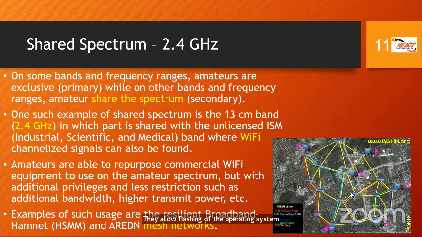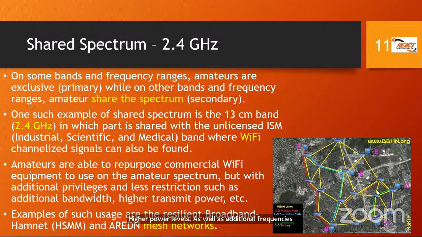Sometimes we say hacking them, but it's really flashing or reflashing using software or firmware developed by capable hams, taking into account the flexibility of the amateur radio license that allows us to use this 2.4 gigahertz spectrum, higher power levels, as well as additional frequencies beyond what the public is allowed.